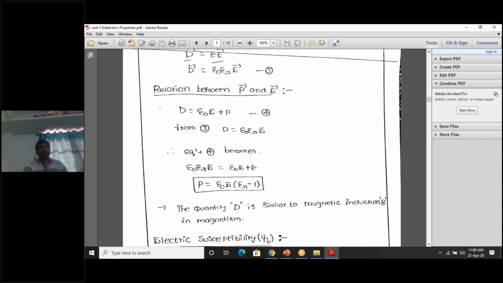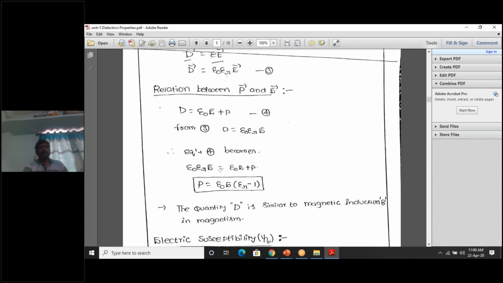P bar is equal to epsilon naught into epsilon r minus epsilon naught into E. So rearranging, P bar is equal to epsilon naught epsilon r E minus epsilon naught E.